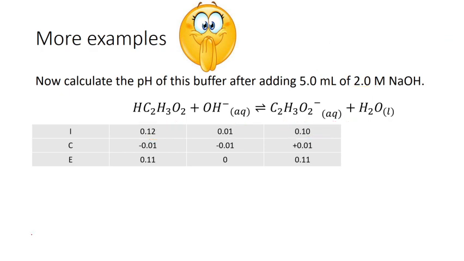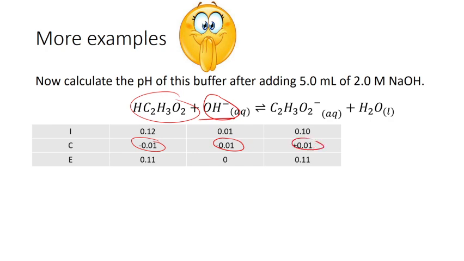Because these two are reacting, they are going to be used up. We are going to lose our 0.01 moles of hydroxide. We are also going to lose 0.01 moles of acetic acid.